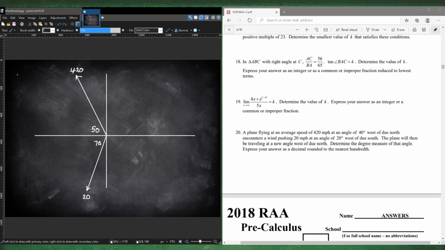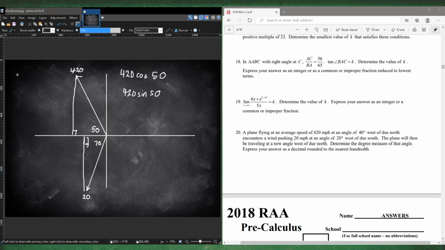So let's break down this 420 into its x and y components. Right triangle, right? So our x component would be 420 cosine of 50, and its y component is 420 sine of 50. What's the x component for this one?